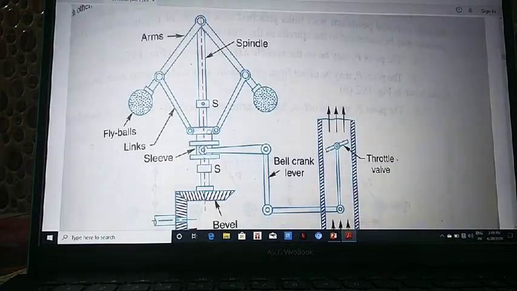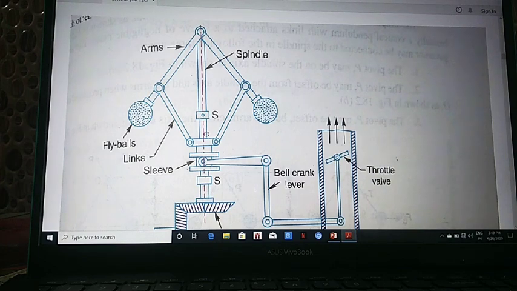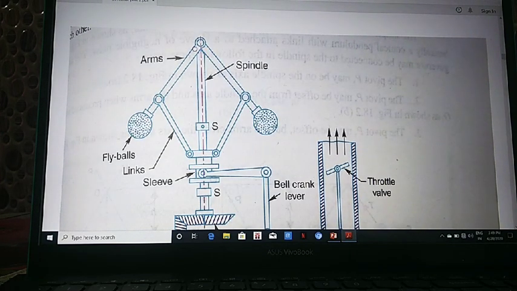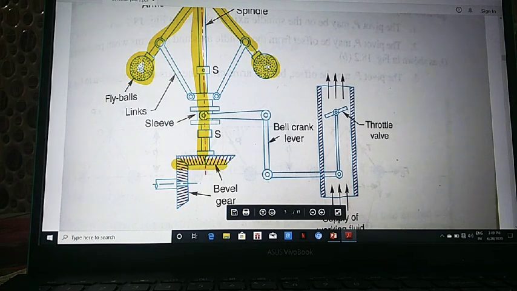Now see, here is the centrifugal governor. These two are called the arms. They are connected to two fly balls, and this is the central spindle connecting to the two bevel gears.